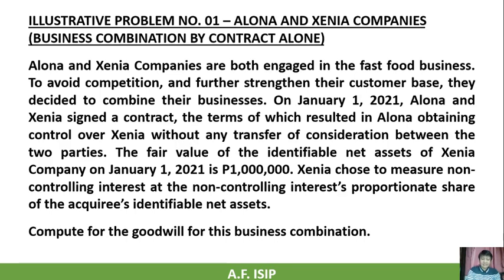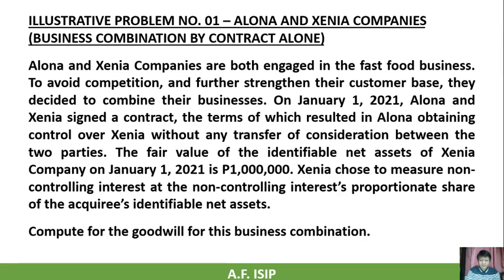So the fair value of the identifiable net assets of Xenia Company on January 1, 2021 is 1 million pesos. This is the amount of assets to be acquired by Alona.